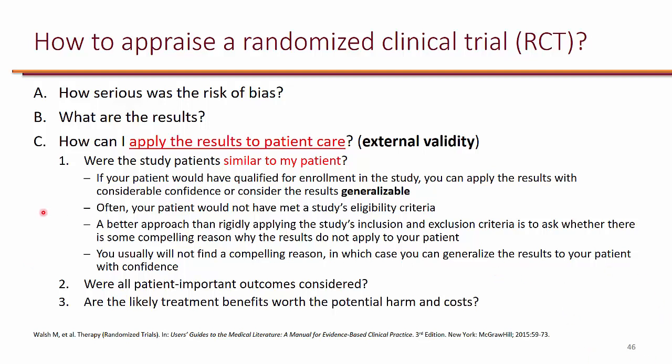One common example is renal function. A lot of drugs are renally cleared, and a lot of studies exclude patients with renal dysfunction. So if you find that a study excluded certain patients with renal dysfunction, that limits the generalizability of the results of that study.